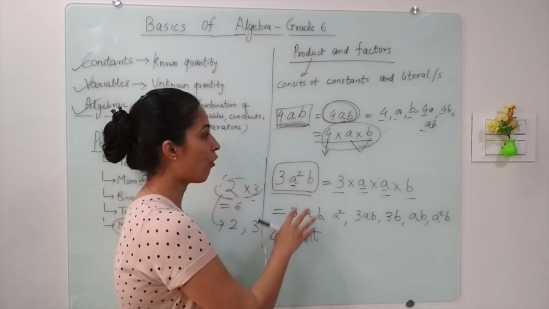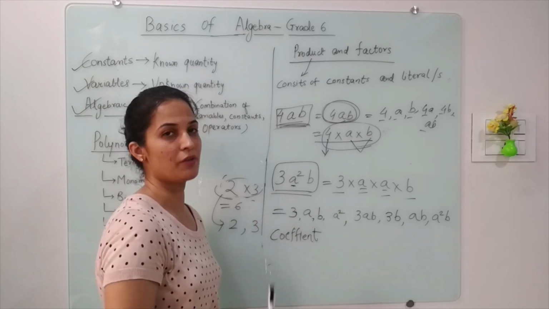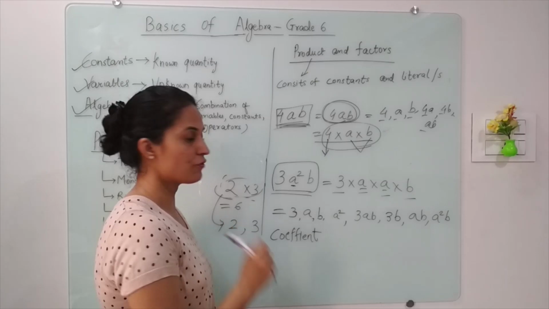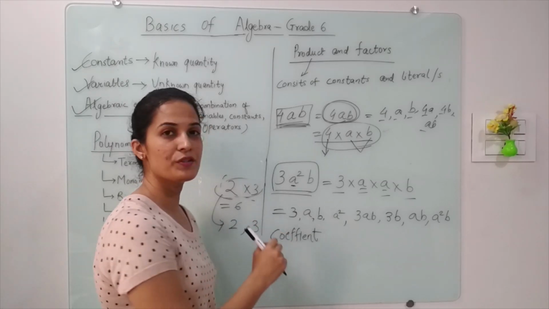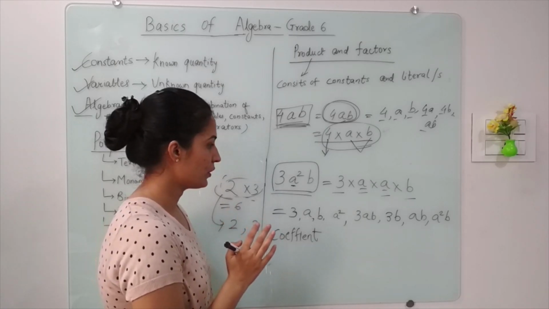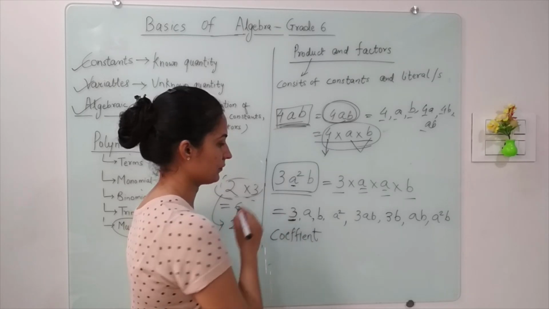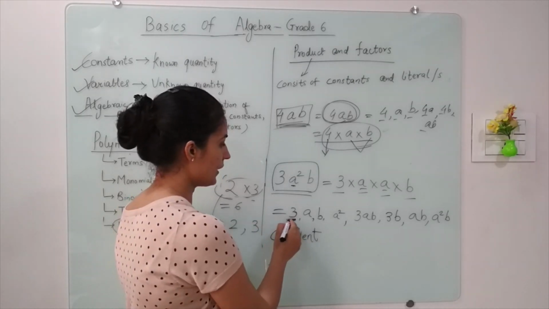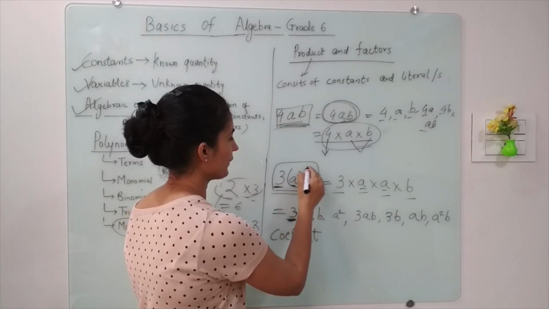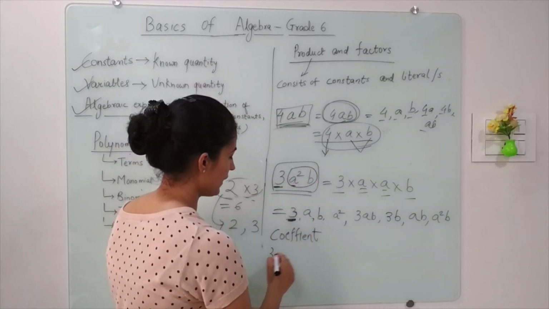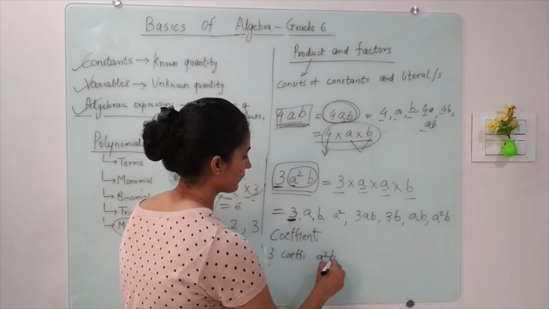A factor of a term is called the coefficient of the other factors. Each factor of a term is called the coefficient of the other factors. So, for example, if I take this factor, then this 3 is a coefficient of the other factors. That means 3 is a coefficient of a square b.